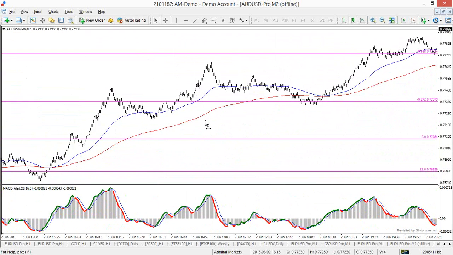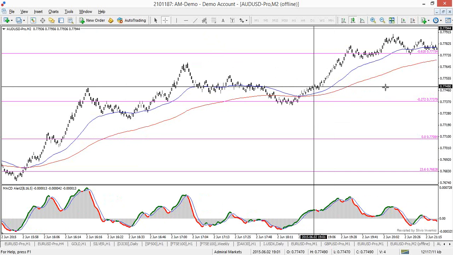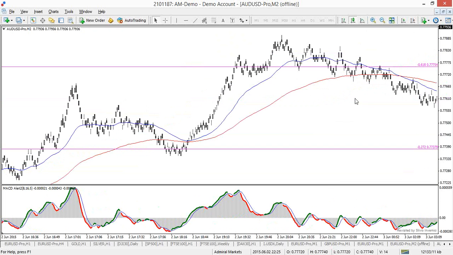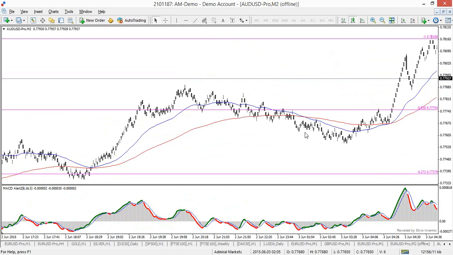And otherwise, the next long was only all the way here. Let's continue. This one not so much because the moving averages were not that trendy.